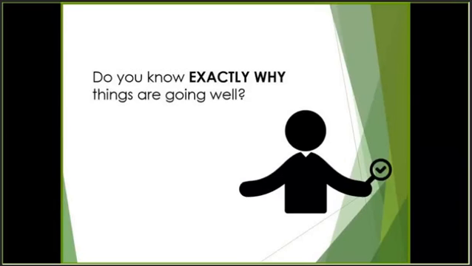Do you know exactly why things are going well? What is working well when it shouldn't, or at least not intended to? What are we unintentionally providing to customers that for some reason they seem to appreciate greatly?